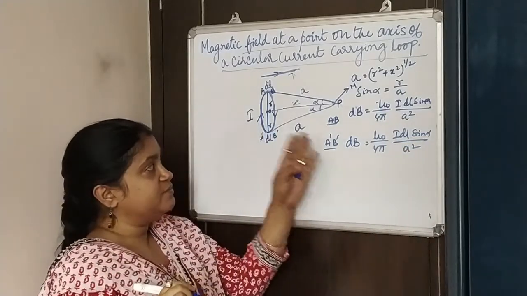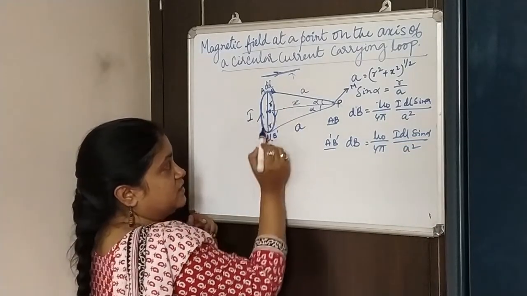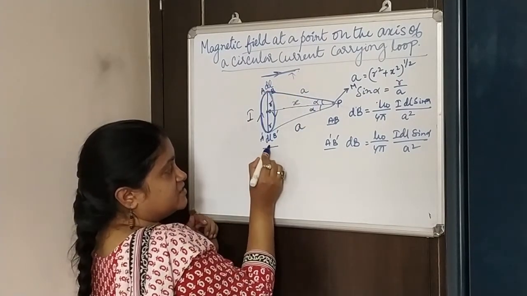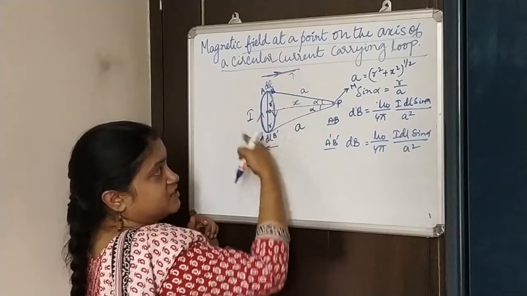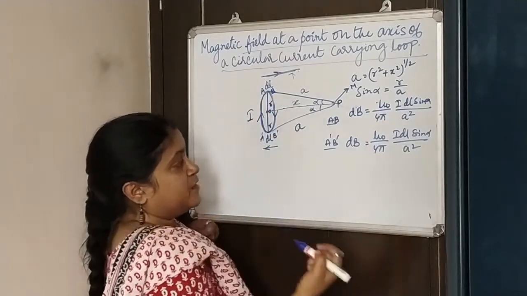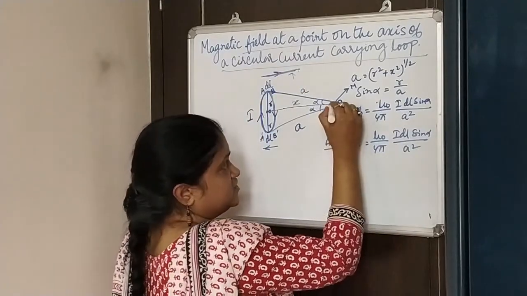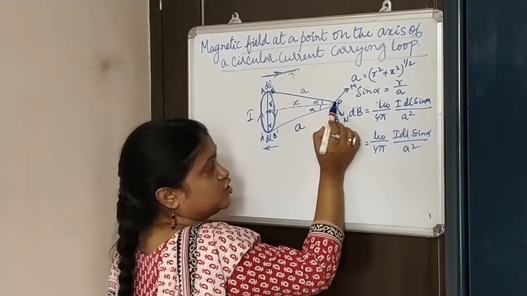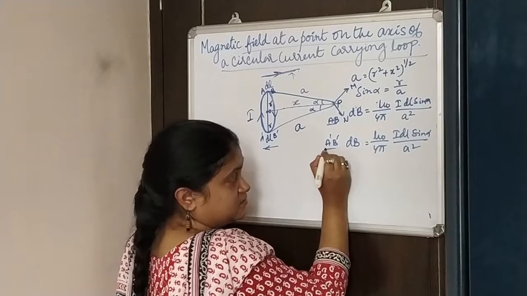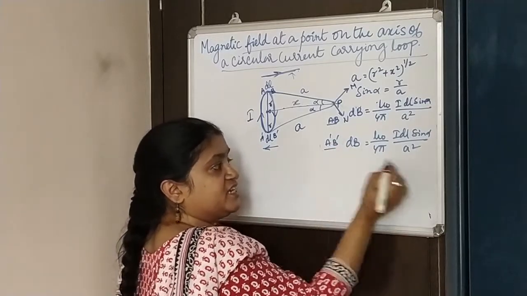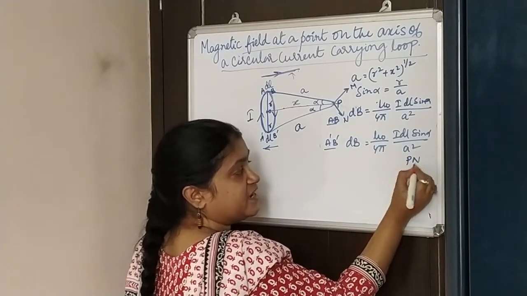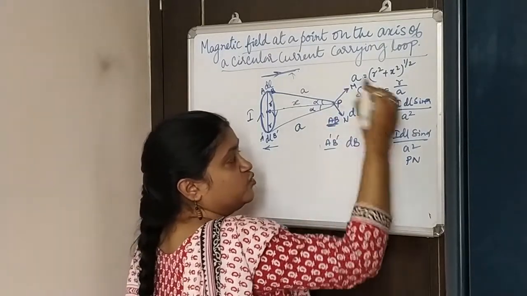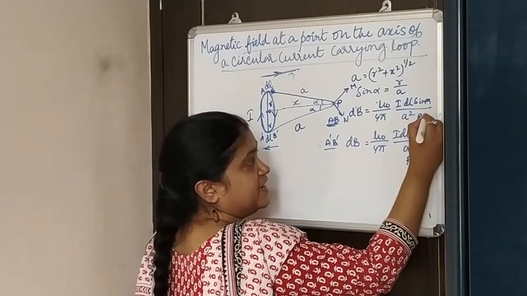But in this case the direction of current is on this side, so it will be in just the opposite direction. Suppose this is the n direction. So the magnetic field due to A dash B dash would be in the direction of Pn, whereas the magnetic field due to AB would be in the direction of Pm.